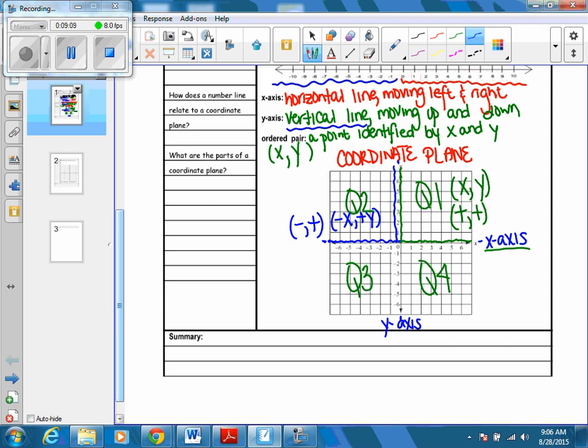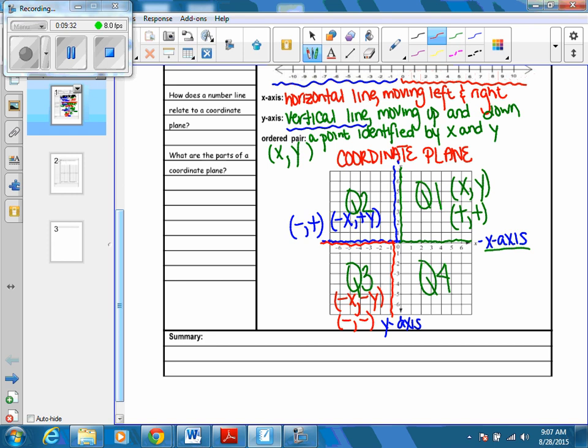Okay? So let's look at quadrant 3. Starting at the x at 0, these numbers are negative, and so is my y. So in quadrant 3, can you guess that I'm going to have a negative x and a negative y? So my numbers are going to be a negative, comma, a negative.